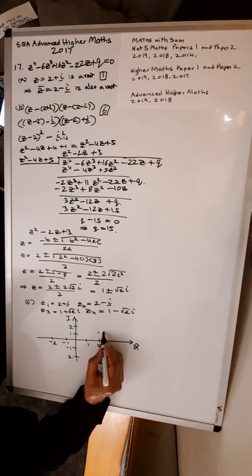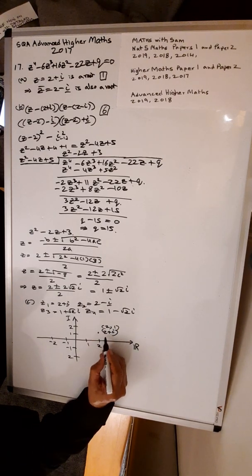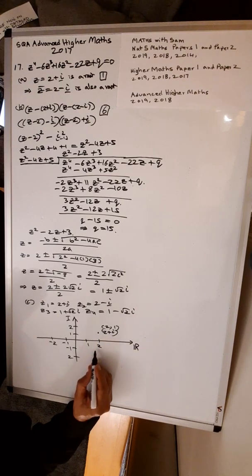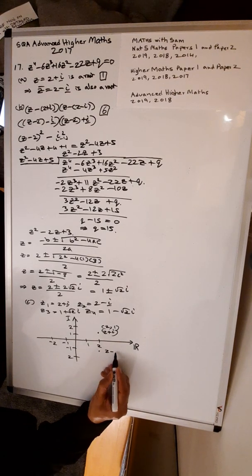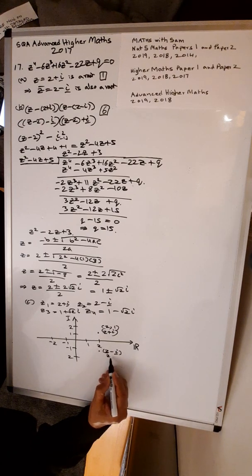You can either write that as 2 plus i, or write it as (2, 1). That is z1. Now your z2 is 2 minus i, which would be down here. You can write that as 2 minus i, or (2, minus 1).